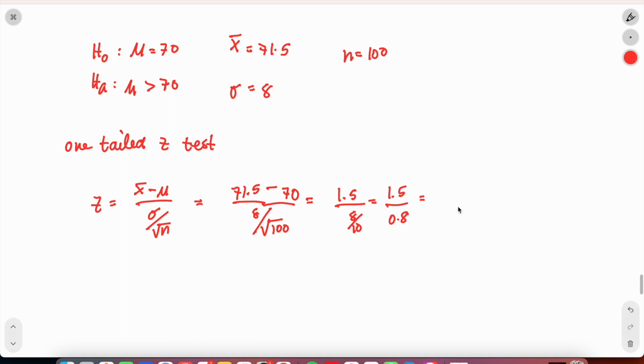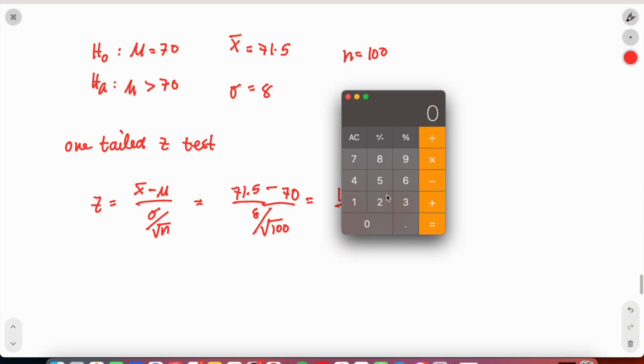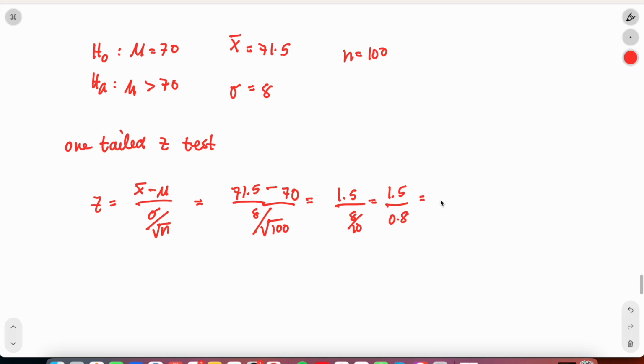In your calculator, it should be 1.5 divided by 0.8. That is 1.875.